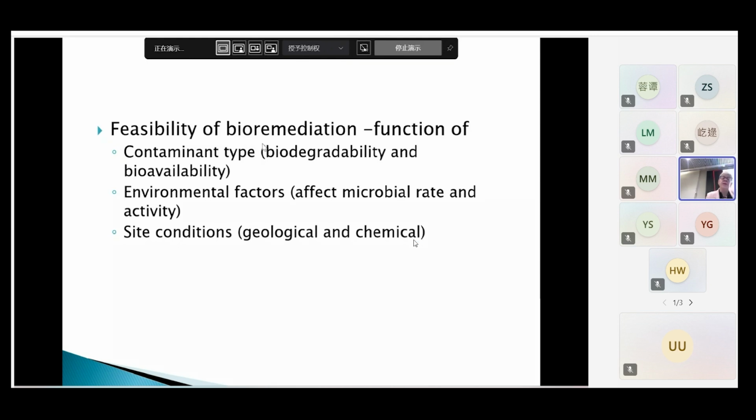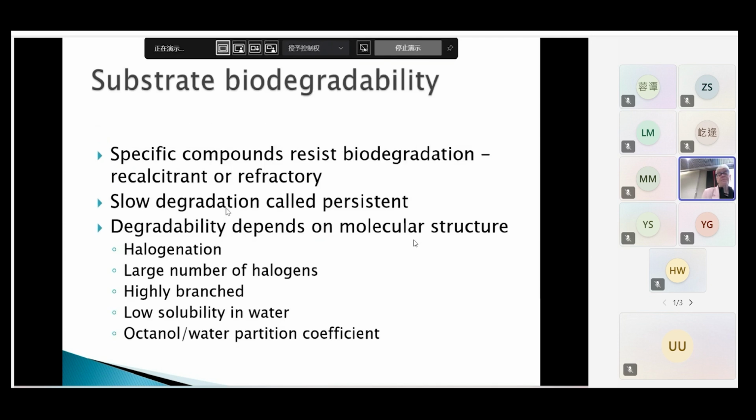So to know whether bioremediation is feasible, you need to know what type of contaminant you have and whether it's biodegradable or not. If it's not biodegradable, this is not a good technique. If the soil characteristics are not good, also if it's not permeable enough or whatever, it also won't be working here.